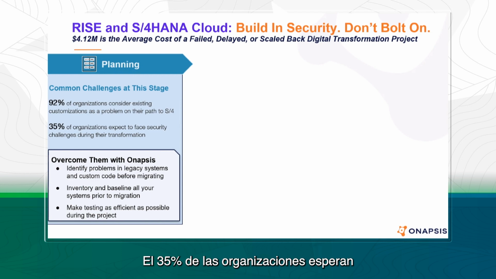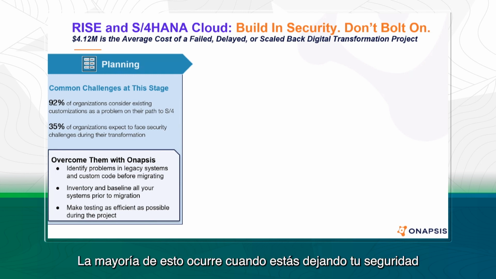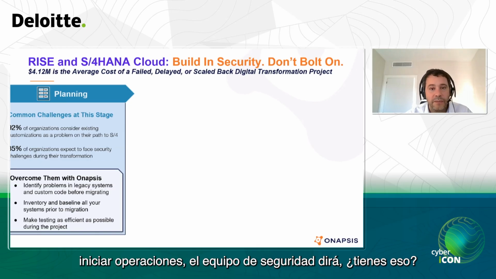35% of organizations expect to face security challenges during the transformation. Most of this happens when you leave your security to the end of the project. That will delay your go-live, because when you are going to go live, the security team will ask, do you have that?